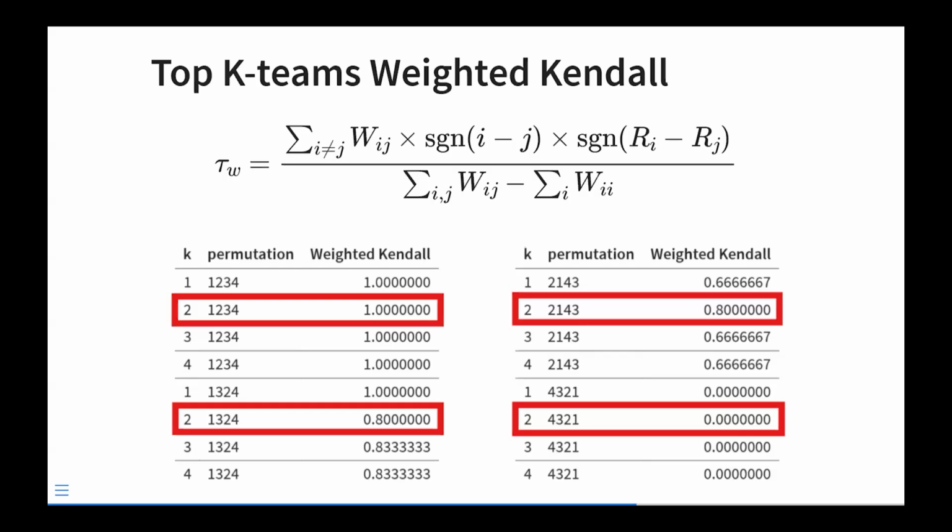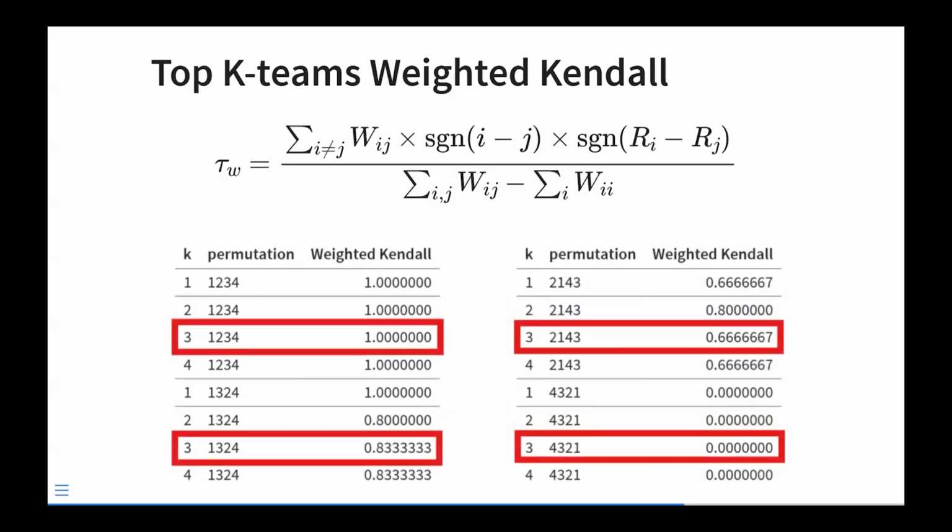This is because it's only one spot away, even though the 3 is in the top 2 in one and not in the other, and it's not in the correct order. But if you look at the top 3, you notice 1, 3, 2 has the top 3 with only one in the incorrect spot, and 2, 1, 4 is slightly worse. So you see the drop comparatively.